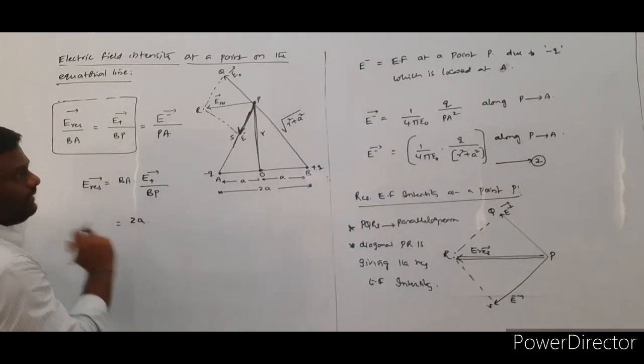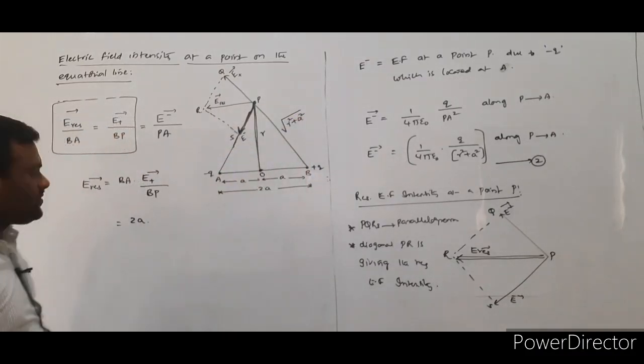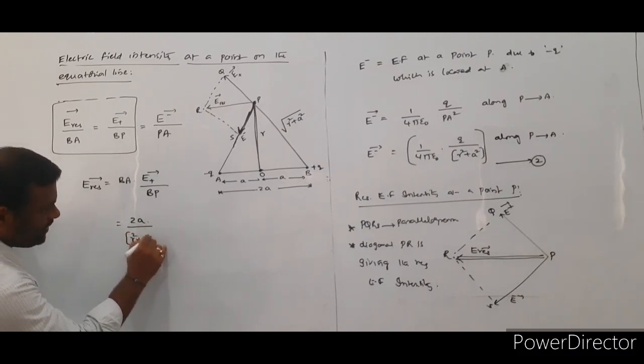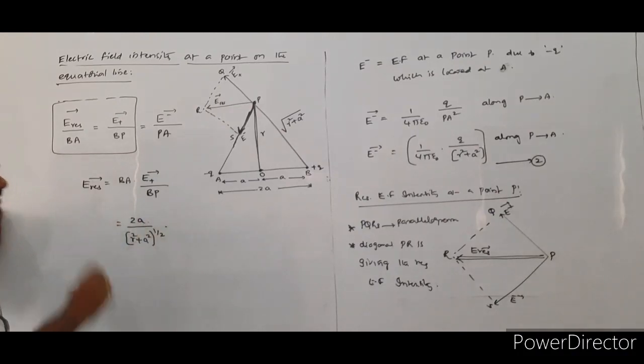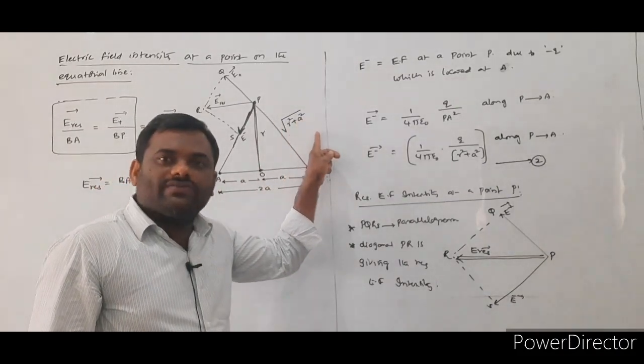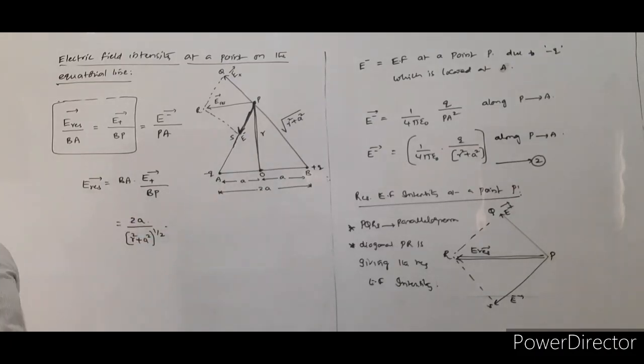And BP is the square root of R square plus A square, so that value can be written as R square plus A square whole power 1 by 2.